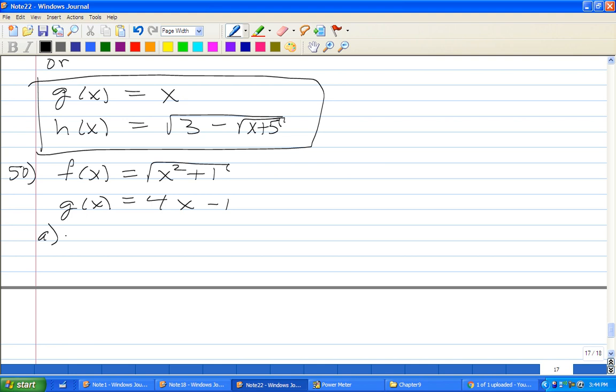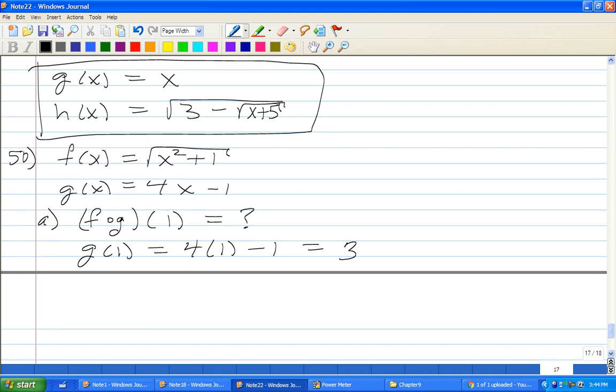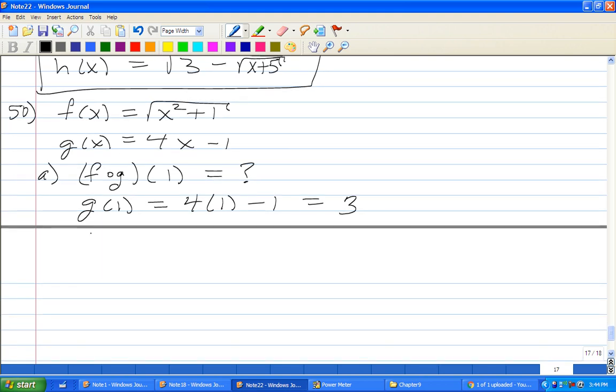I want to compute f composed with g at 1. Well, let's compute first g at 1. So wherever I see an x, I replace x by 1. 4 minus 1 is 3. Next, let me compute f at 3.